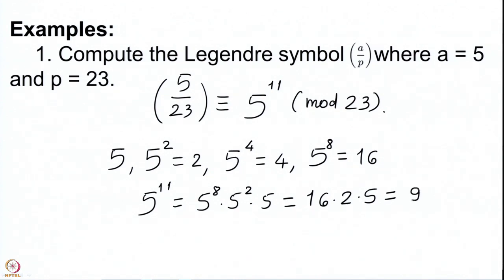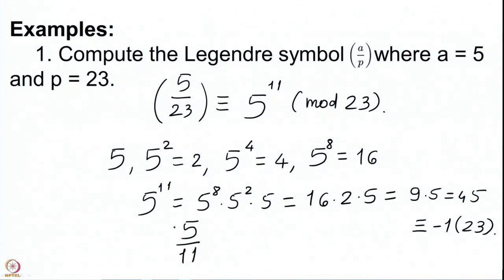So, we have 9 into 5 which gives you 45, and now we see that this is congruent to minus 1 modulo 23. So, our answer is that the Legendre symbol of 5 with respect to 23 is minus 1.